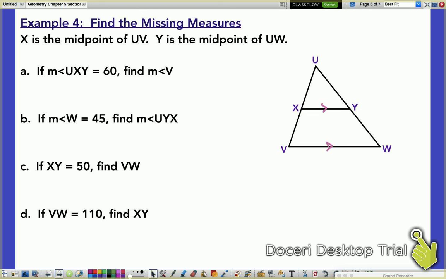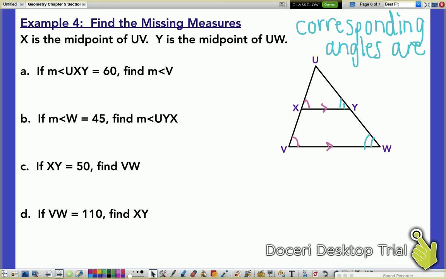Okay, so we've got corresponding angles there and corresponding angles here. Okay, and corresponding angles are congruent. Okay, so remember that when we're working out this problem here.